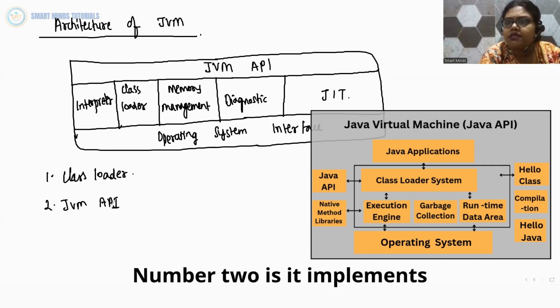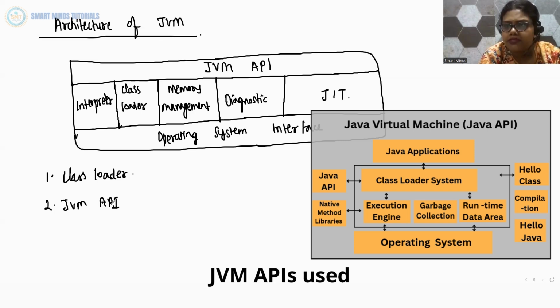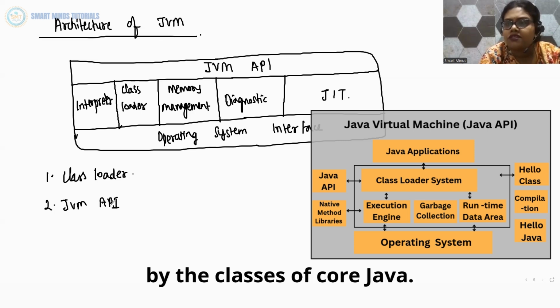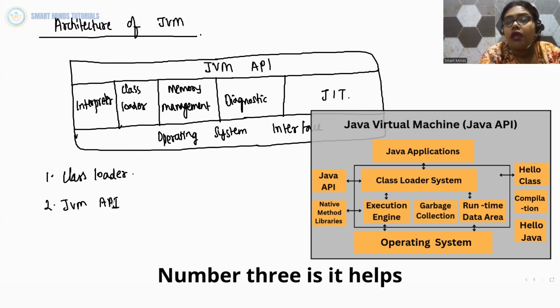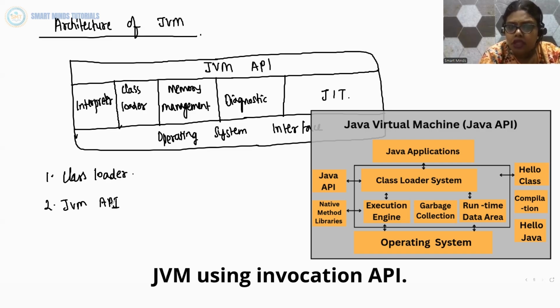Number two, it implements and presents various private JVM APIs used by the classes of core Java. Number three, it helps in creating and initializing the JVM using invocation API.